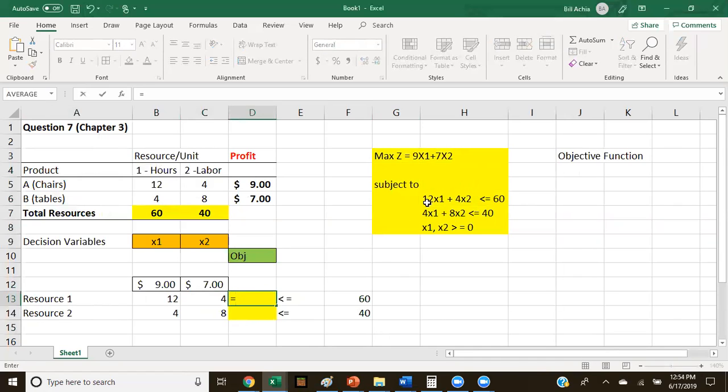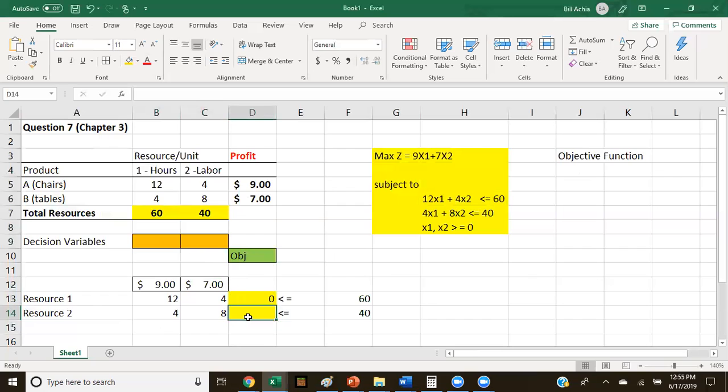I had 12x1 plus 4x2 is less than or equals to 60. So let's go ahead and do that. So 12 times x1 plus 4 times x2 should be less than or equals to 60. Currently, that'll show that pound value because I have letters here, but I'll delete that.